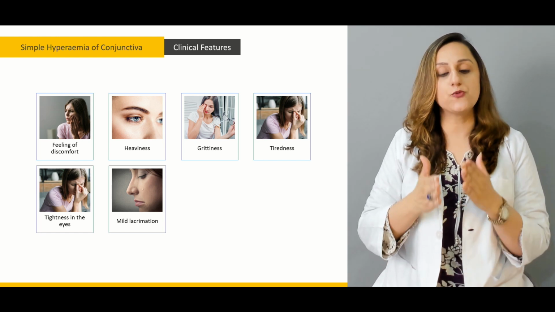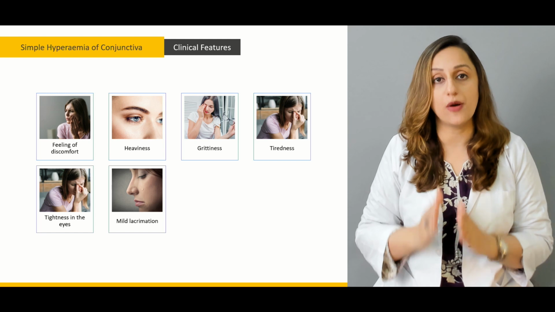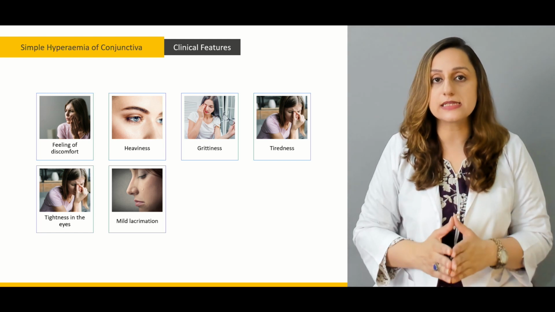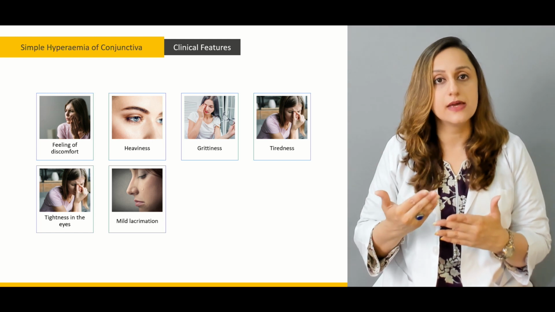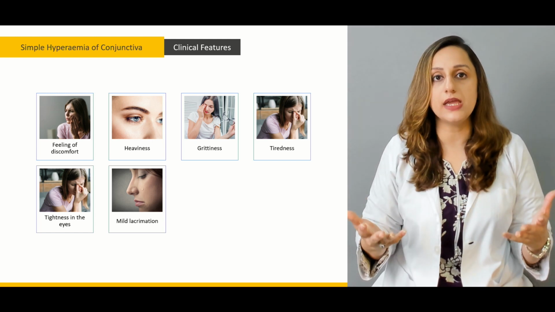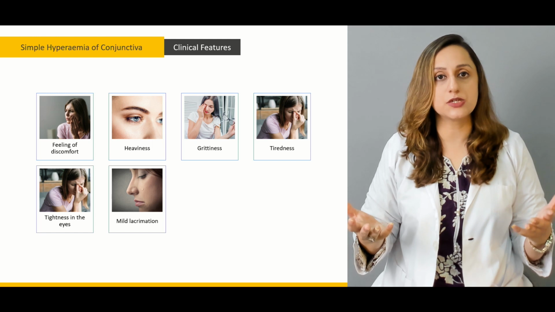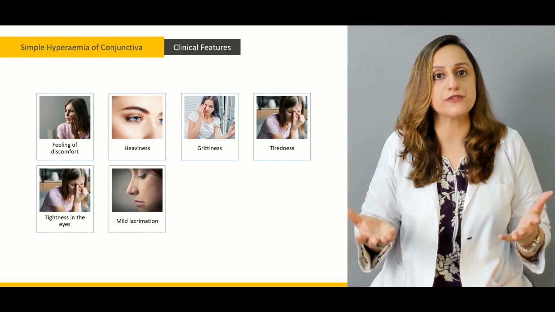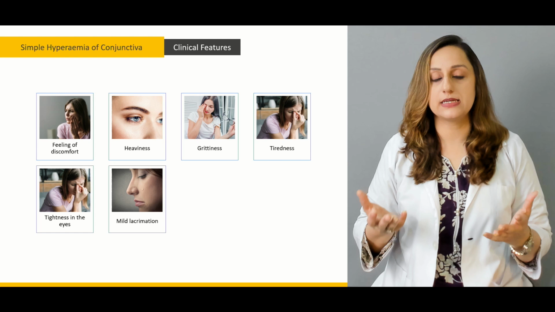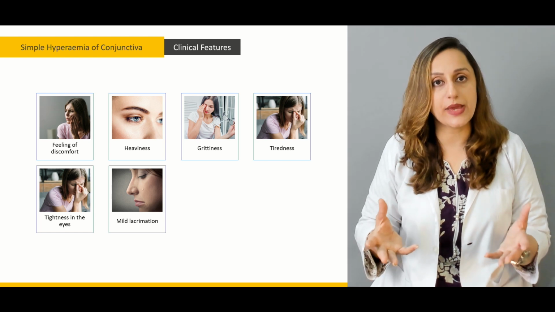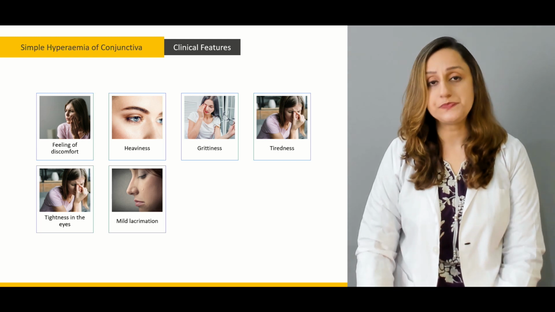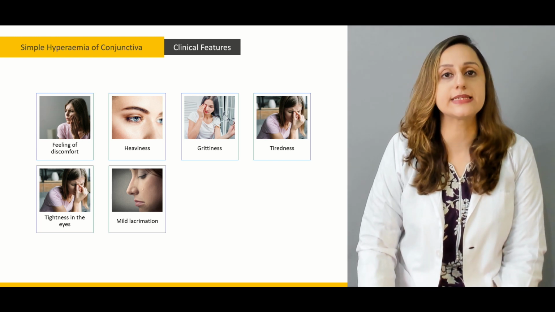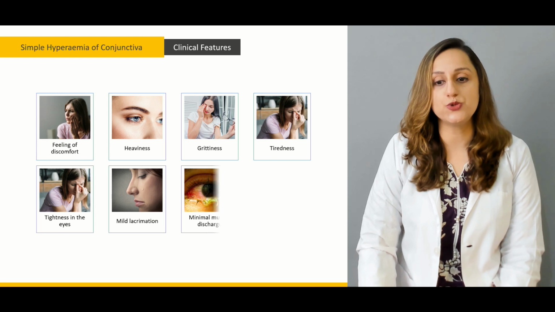Over here it would be just a mild lacrimation phenomenon. It would just indicate that the person's conjunctiva is irritated due to environmental factors, whether it is dust, the extremes of temperatures, or the ultraviolet rays that are causing the irritation in this particular individual. So this is how you distinguish between these two cases.